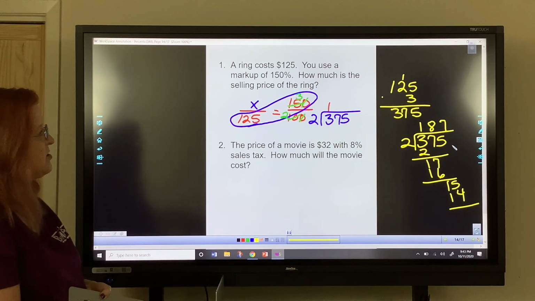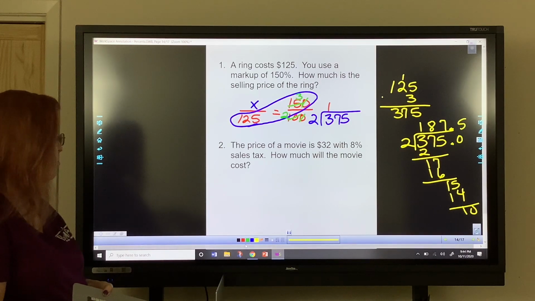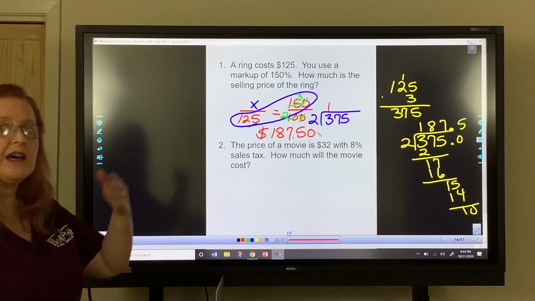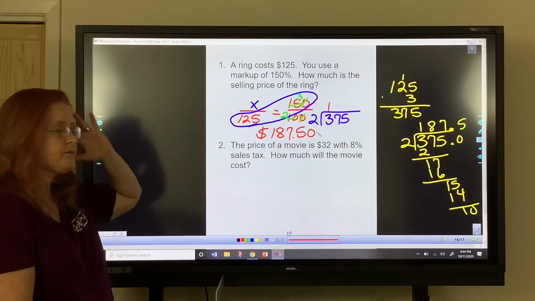And then I add a decimal. 1, bring down the 0, and I get the 5. So I get 187.5. So the ring needs to cost $187.50, because that is 150% markup of what the price was.